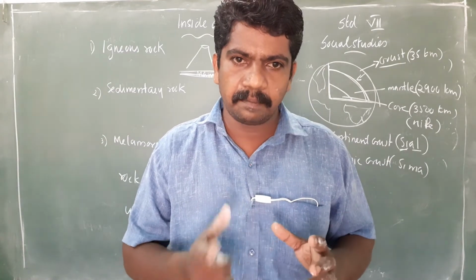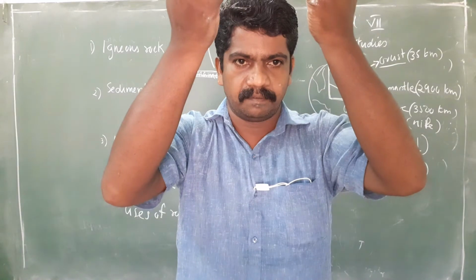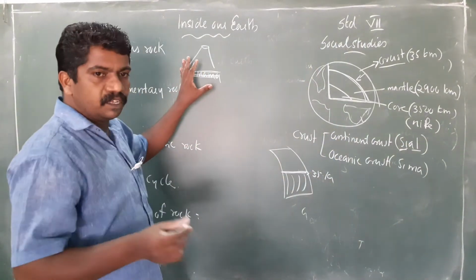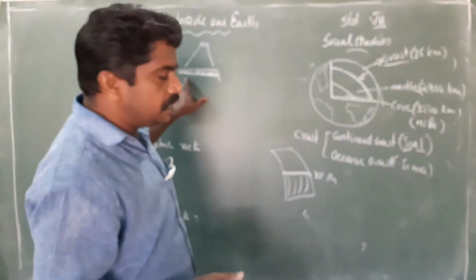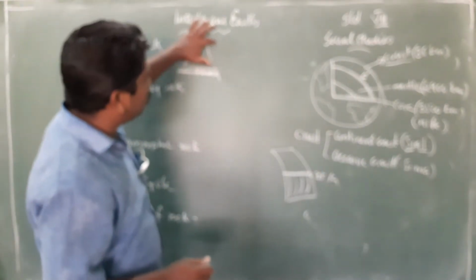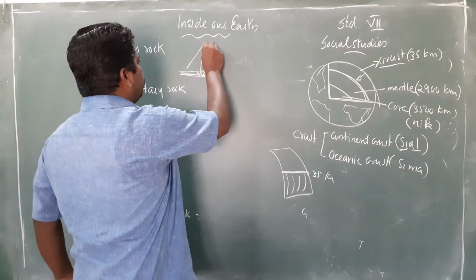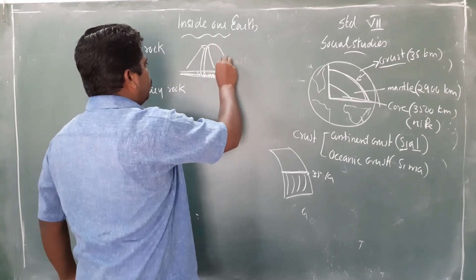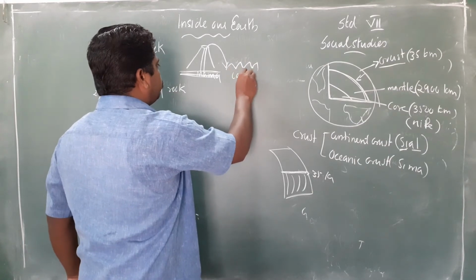When the heat and temperature increases, this magma will come outside. This magma will come up, as you have seen in a pressure cooker. When the temperature increases, this magma will come outside. Magma will go upside through this vent and reaches the opening and come back to outside and make the lava.